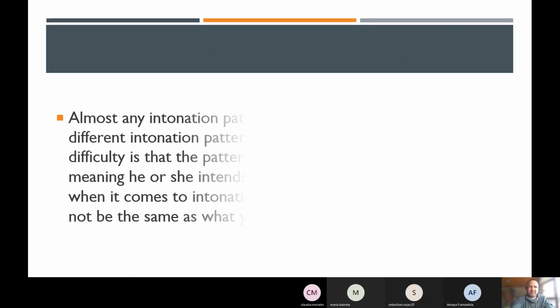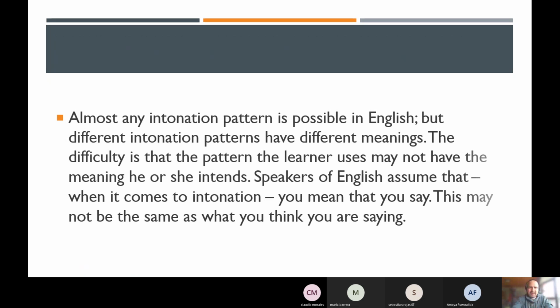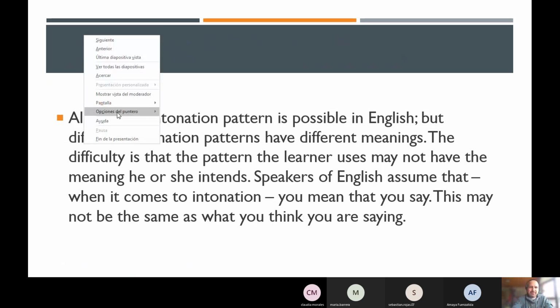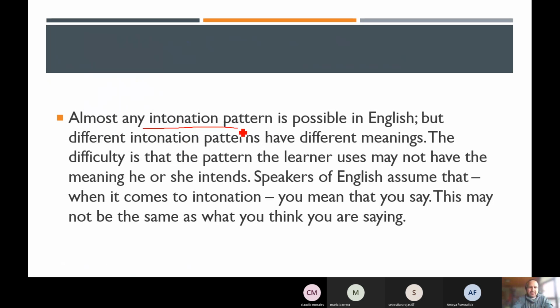Almost any intonation pattern is possible, but you have to be conscious or aware that the one you use is going to convey a specific emotion, right?